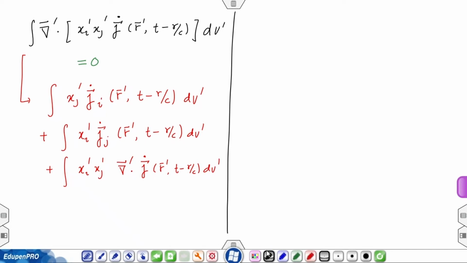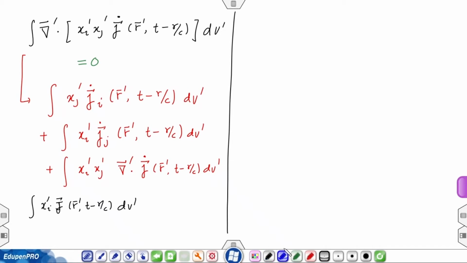Remember what I am after? I am after the integral x I prime j dot jth component r prime t minus r over c dv prime.